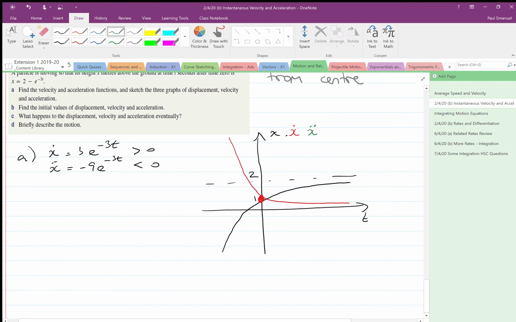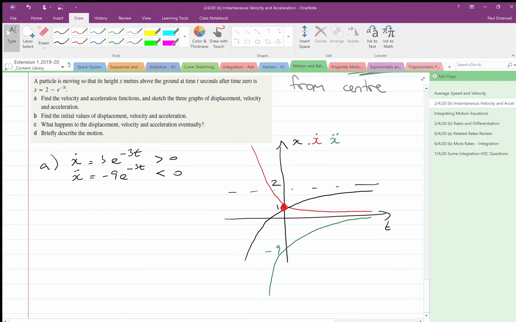And then the acceleration function looks something like that. Okay, well they're pretty obvious from the diagram. They are 1, 3, and minus 9. Oh, sorry, that should have been 3.